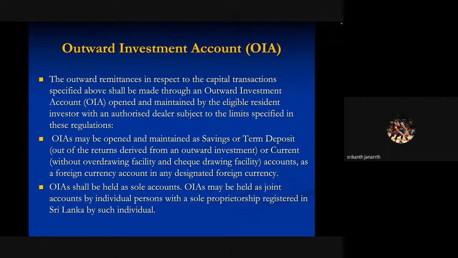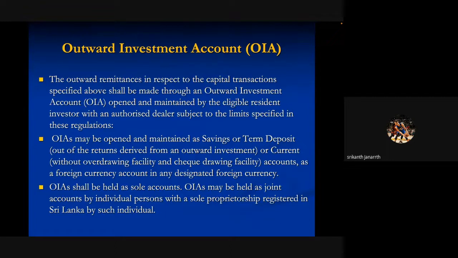To buy $3,000, how much do you need to remit? Let's say you want to remit Sri Lanka rupees 600,000. So the 600,000 rupees is converted into dollars and credited to the OIA, and on the same day the money should go out. You can't keep the money converted into the OIA and keep it there. No, you can't. Once you've converted and put it into the OIA to make an investment, it should go on the same day.